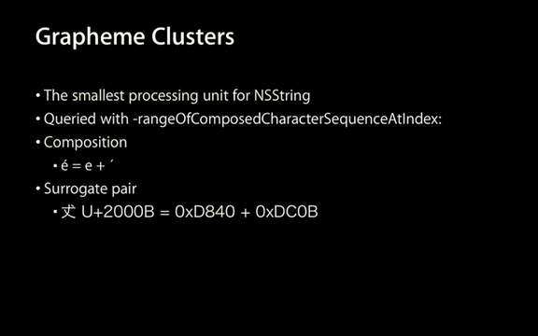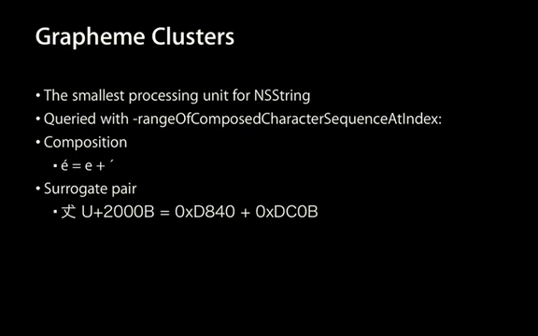Let's take a look at the grapheme cluster. This is the smallest unit in a string you want to process. You can get the range of the grapheme cluster at a specified index using range of composed character sequence at index. And this is an example of a grapheme cluster, or composed character sequence. Accented E could be represented as base E plus an accent, two NSString characters.